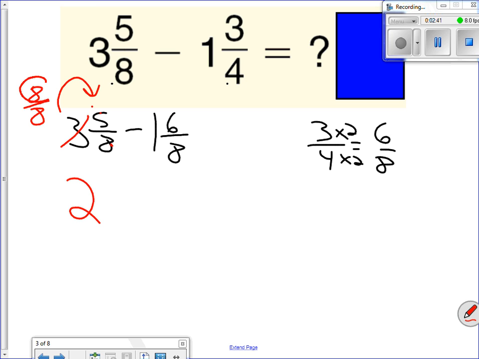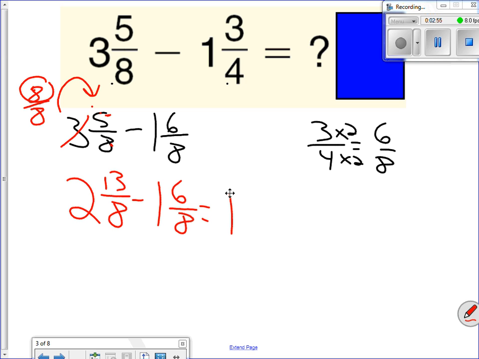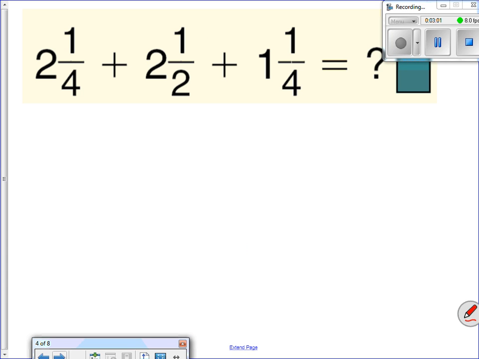So technically, we're adding 8 plus 5 to get 13/8 minus 1 6/8. Subtract this across now. 2 minus 1 is 1. 13 minus 6 gives me 7/8. 1 7/8.